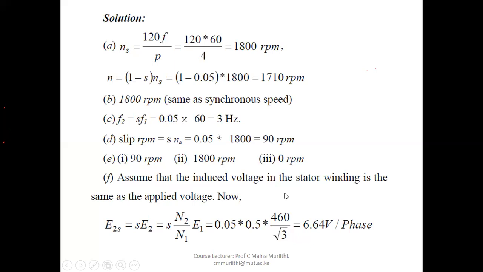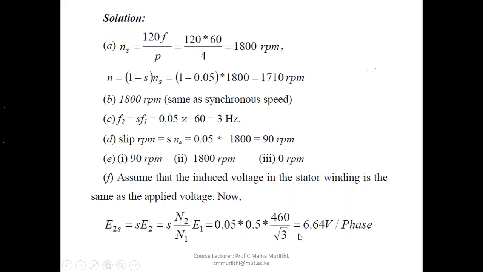And then finally, the induced voltage on the rotor side. Remember, I mentioned that if the stator and the rotor were not revolving, the turns ratio will be N2 over N1. So if N1 was 1, then we can get N2 as 0.5.